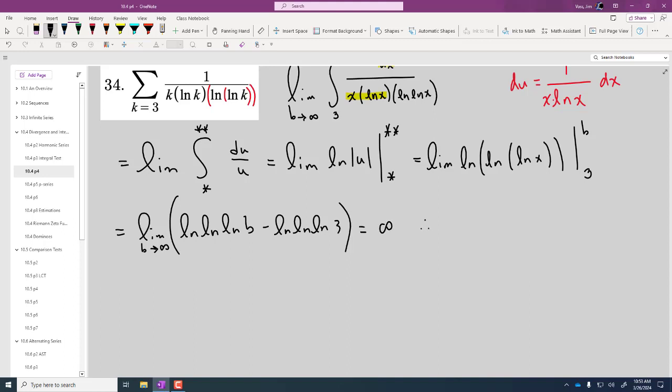So therefore, it diverges. So, I tried to slow it down a little bit, slowed it down too much.